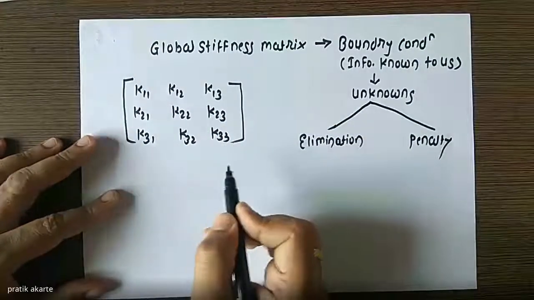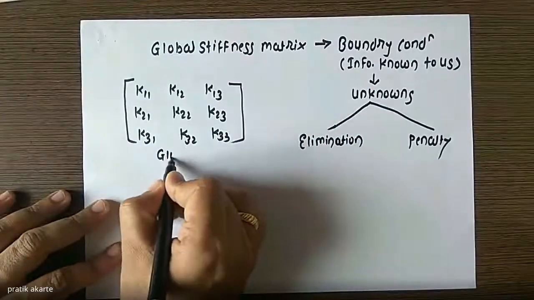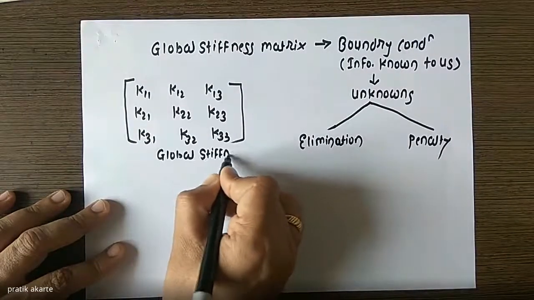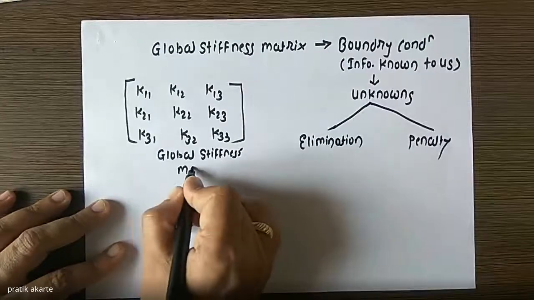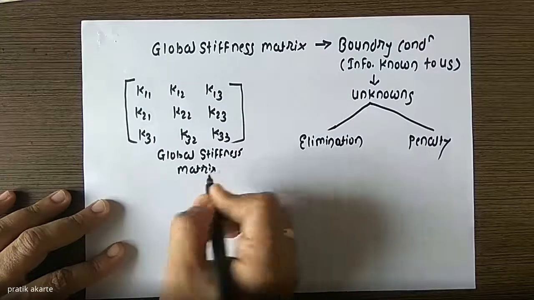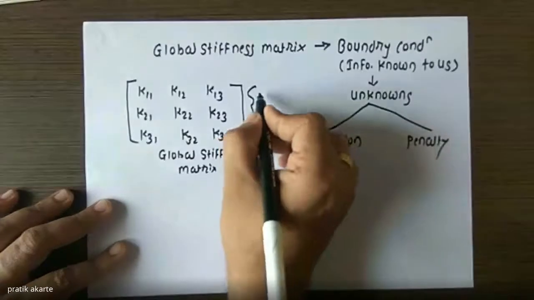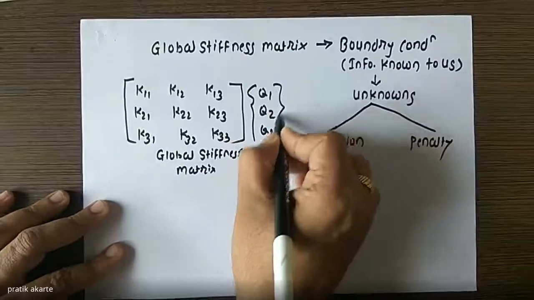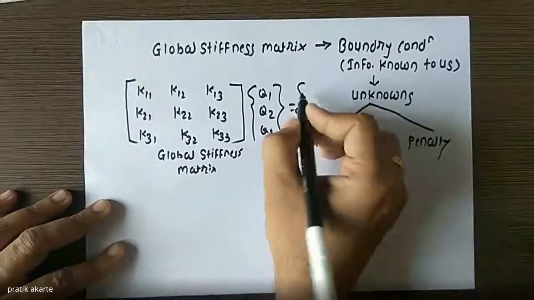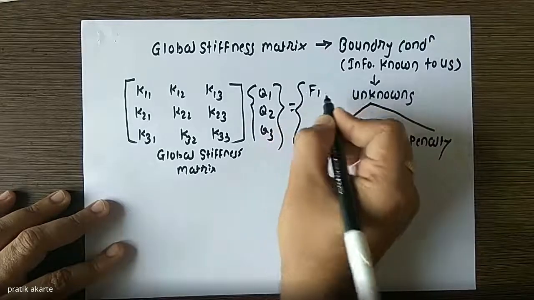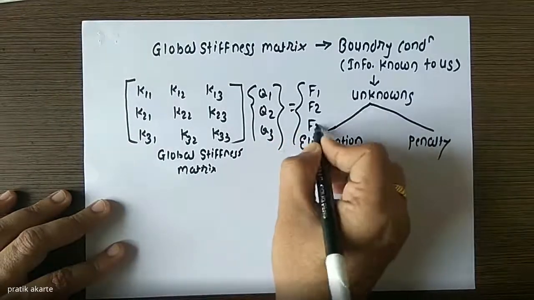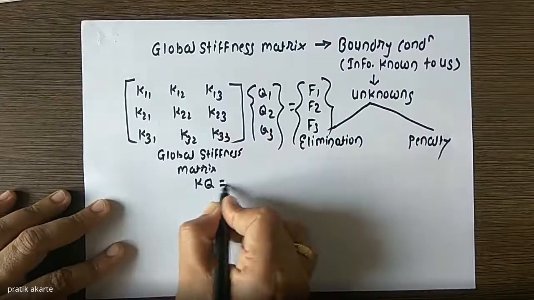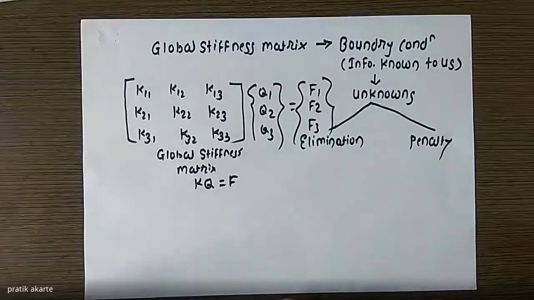This is your global stiffness matrix, multiplied into the global displacement vector Q1, Q2, Q3, and equal to the global force vector F1, F2, and F3. So this is in the form KQ equal to F that we have just formulated.